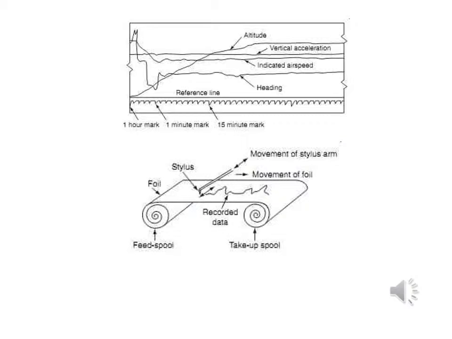Heading, altitude, airspeed, vertical acceleration, and time were the parameters recorded in the foil. The foil is made from a high-nickel content steel. Several hundred feet of foil, approximately 125 millimeters wide, is rolled onto a spool.